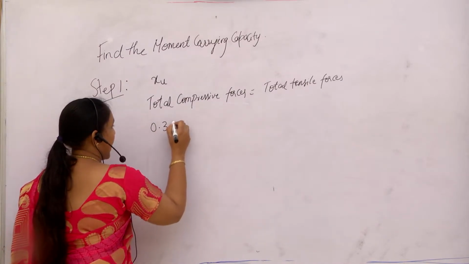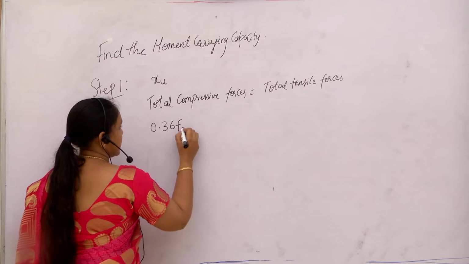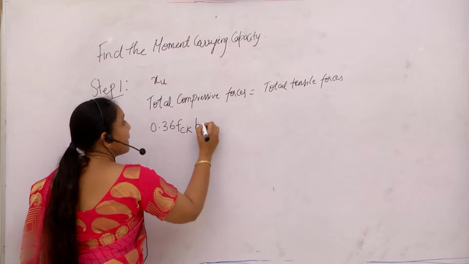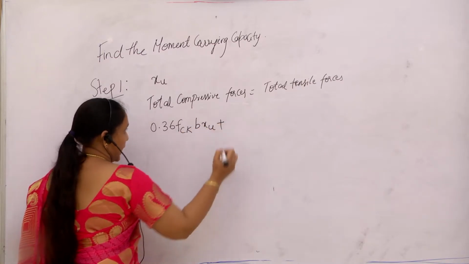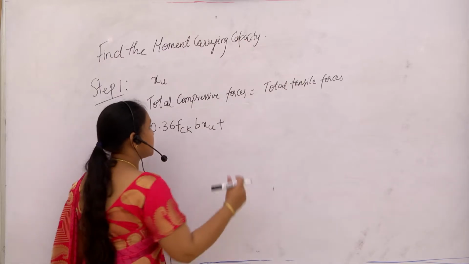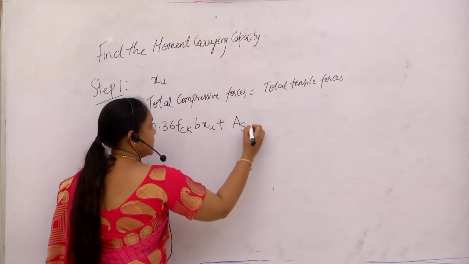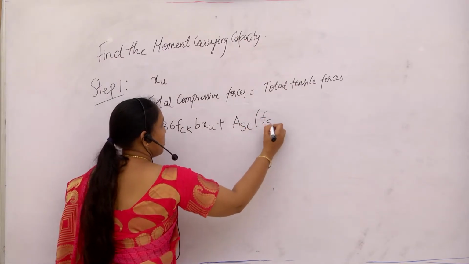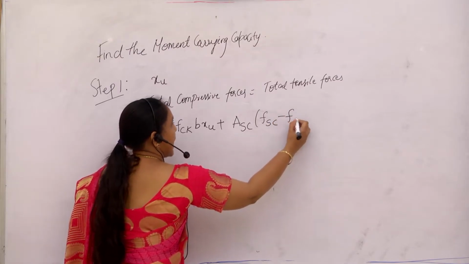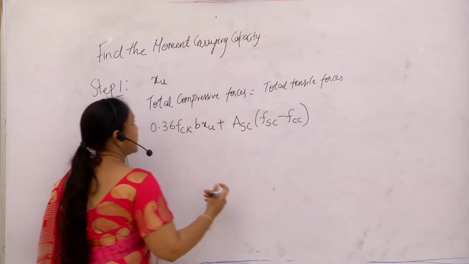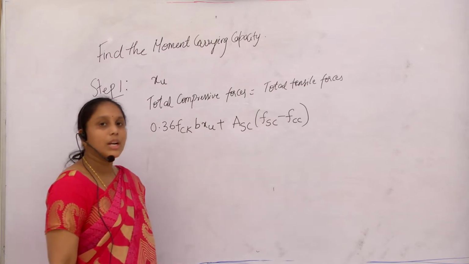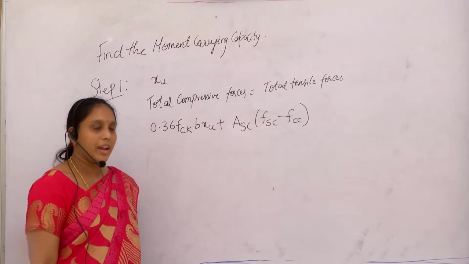It is 0.36 FCK B into XU plus AC into FSC minus FCC. So these are the total compressive forces for a doubly reinforced beam.